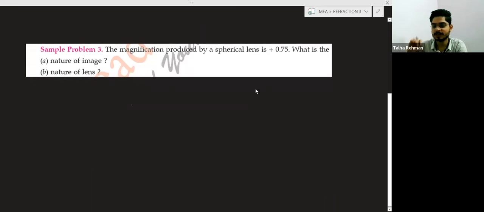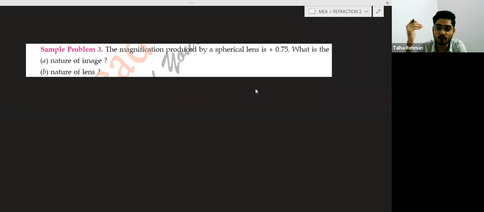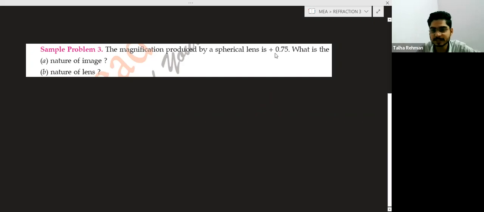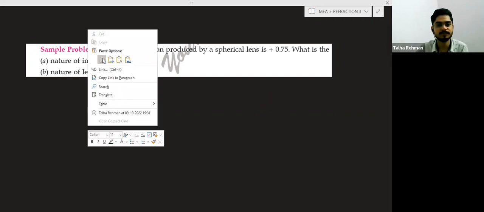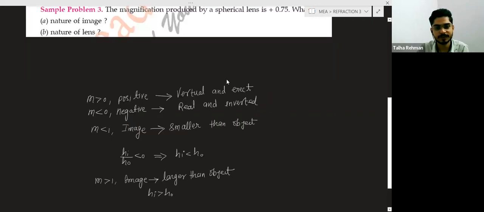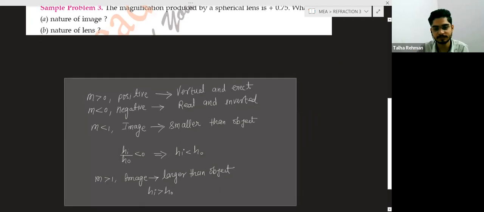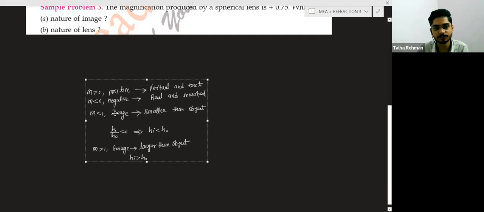Okay, spherical lens, the lens can be concave, the lens can be convex. The magnification produced by the spherical lens is plus 0.75. What is the nature of the image? Nature of the lens means they are asking what type of lens is this, converging or diverging. So this question you can solve with the help of magnification. Magnification is given to you here.